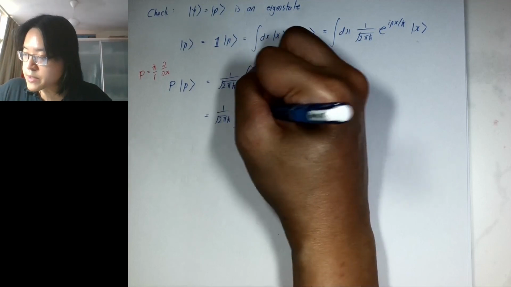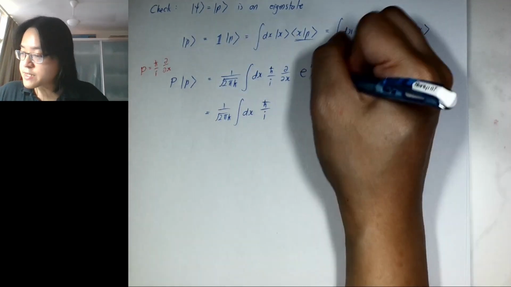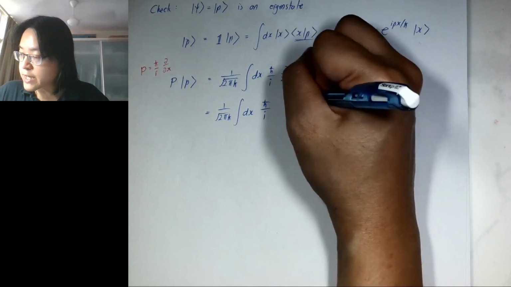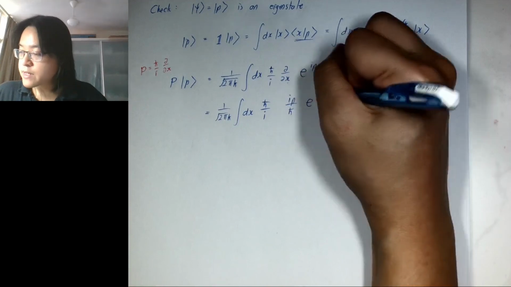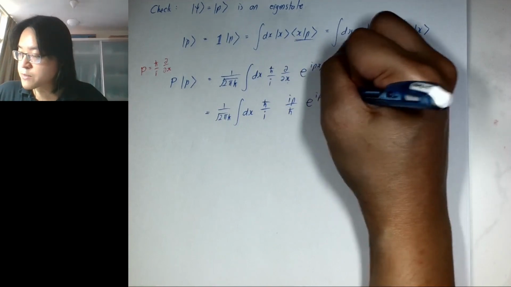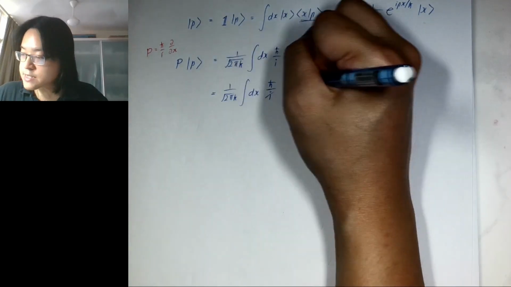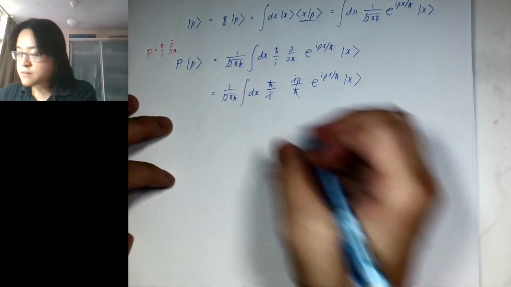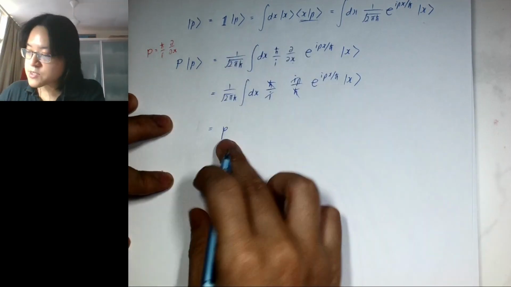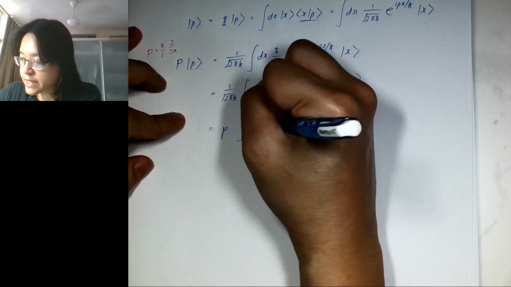Let's keep the h bar over i. Differentiating with respect to x, I get ip over h bar coming down, and then e to the ipx over h bar, ket x. The i cancels with i, the h bar cancels with h bar. There's a p here, so let me move the p out front to make it really look like an eigenvalue, and then I move this constant back inside.